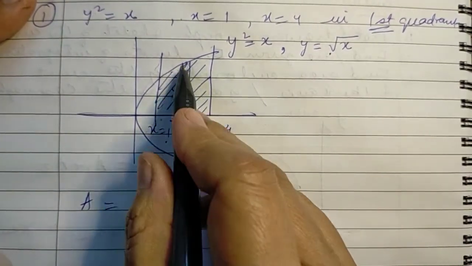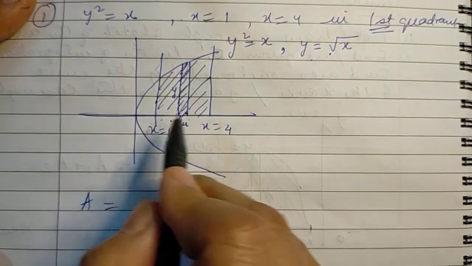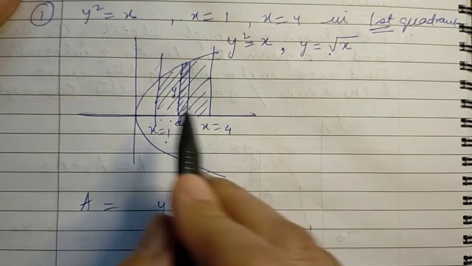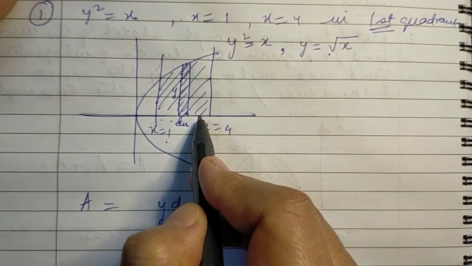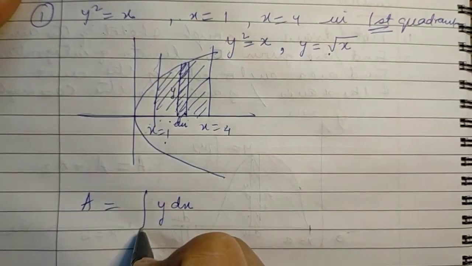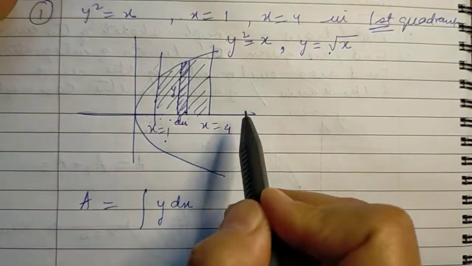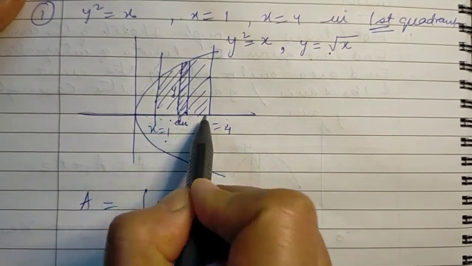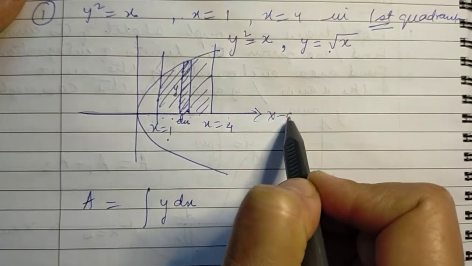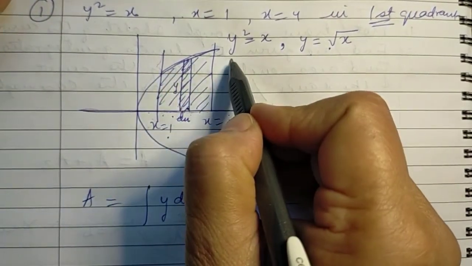This is the area of the rectangle. This, when integrated from x equal to 1 to x equal to 4, covers the entire area which is required. So we are dragging this strip from x equal to 1 to x equal to 4 such that the lower end always drags along the x-axis and the upper end always drags along the curve.